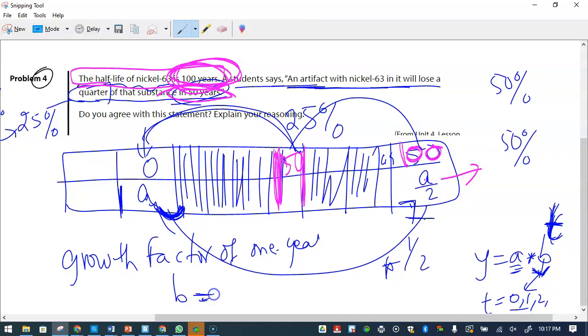So B in this case, this half is for every 50 years. So if I want to know for 1 year, it will be the same half, but this time raised to 1 over 50.